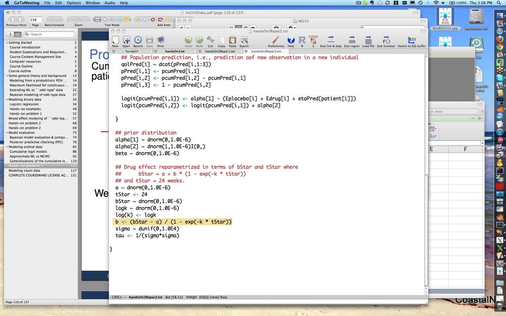But the actual model, in a sense, is identical. It differs slightly in terms of the prior, because I've now put the priors on these new parameters, not on the original, so there is some difference there. But the primary model, the likelihood function itself, is unchanged in here.